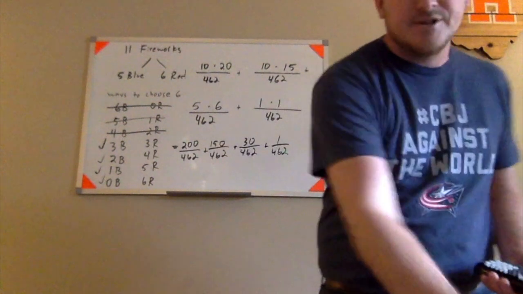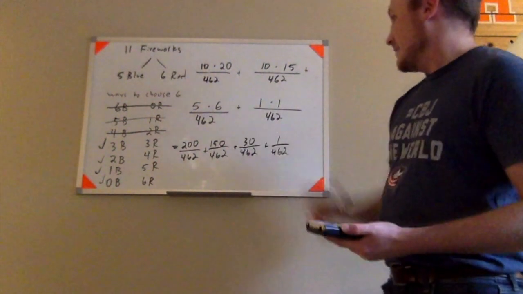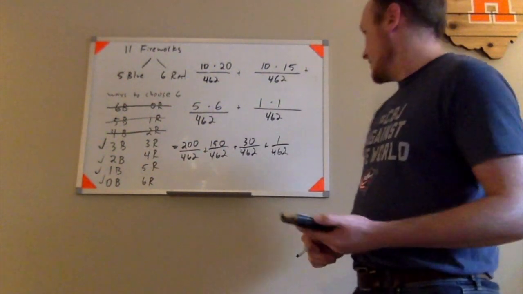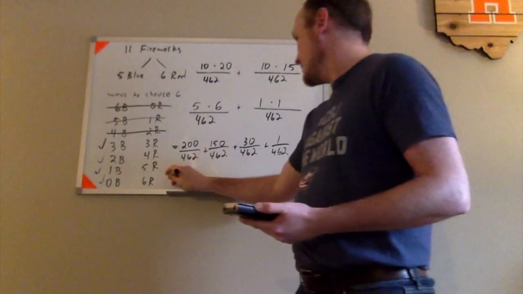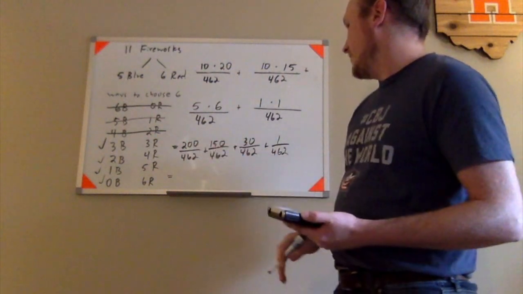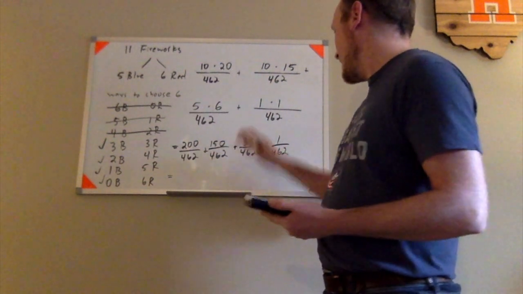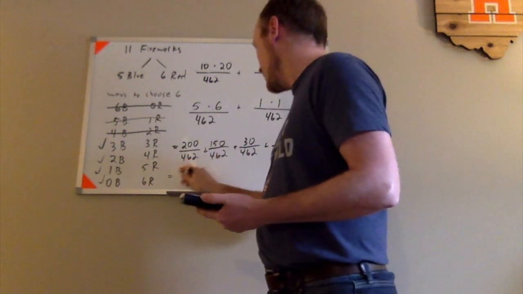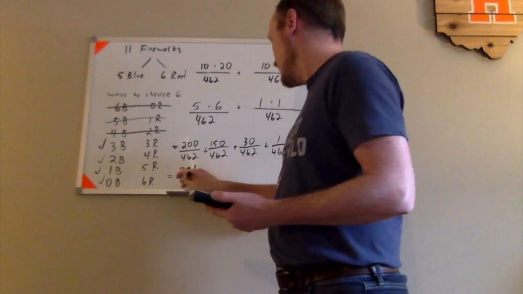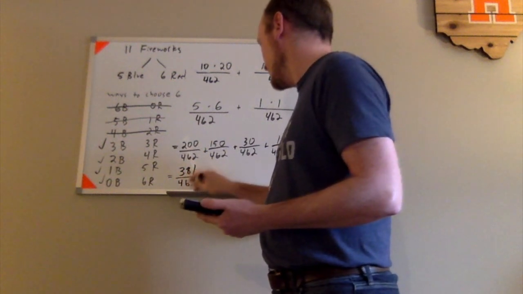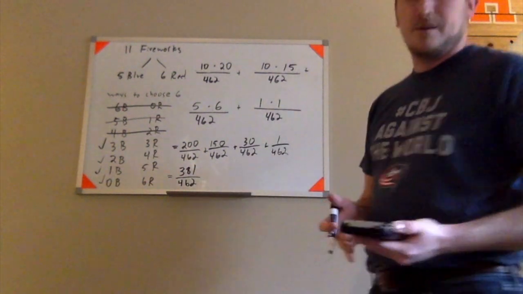When you add the fractions, we have common denominators already, so we're just going to go ahead and add the numerators. 200 plus 150 would be 350, plus 30 should be 380, plus 1 should be 381 over the 462. Don't do anything with the denominators when you have common denominators.